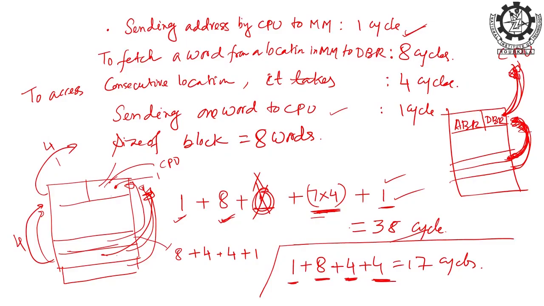Now, what happens if there is a cache miss? When a particular word is needed by the CPU, but the block containing that word is not there in the cache, that is called a cache miss. So, when a cache miss happens, then what needs to be transferred? The main memory block will be transferred to the cache memory.